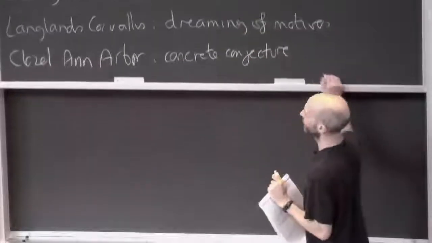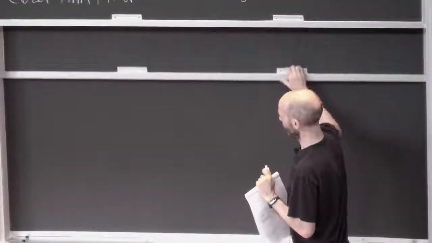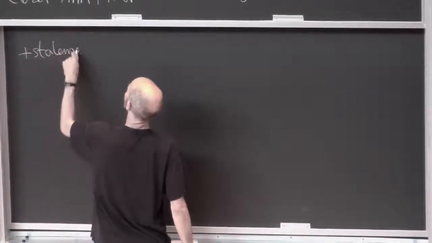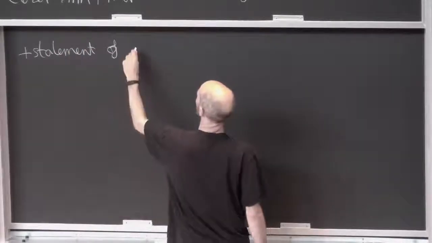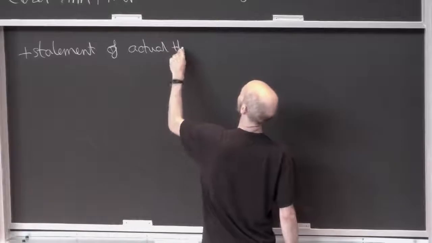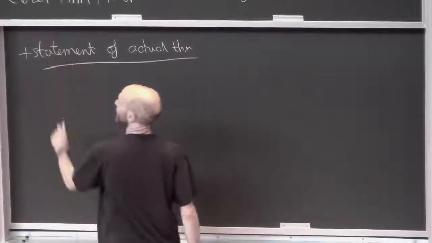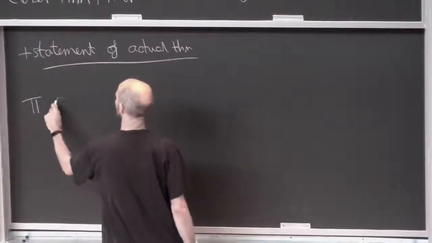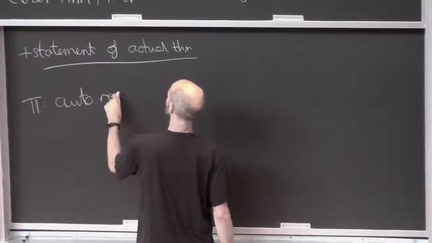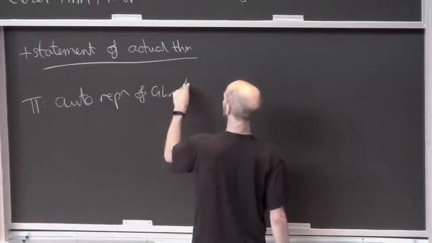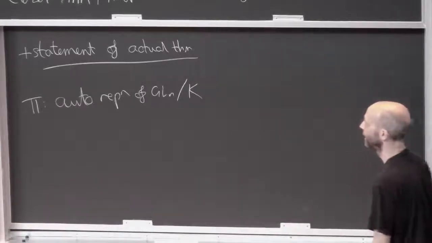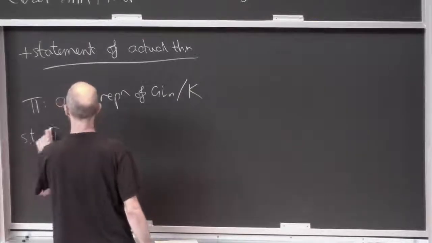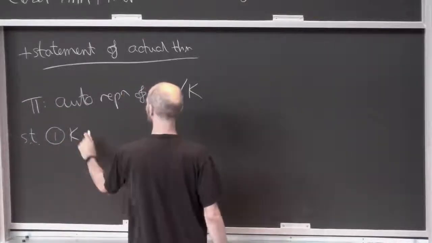Plus an amazing theorem, right? A statement of an actual theorem. And what Clozel actually proved in 1990: if you've got some automorphic representation pi of GL_n over K, and then there's a catch, such that, firstly, K has to be totally real or CM.